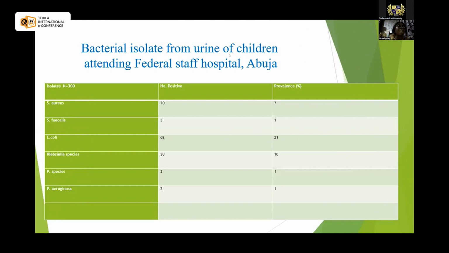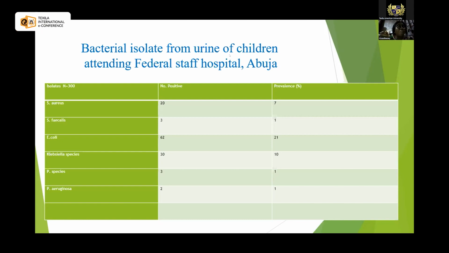In looking at this, I had 300 samples collected, and I had about 20 positive results for Staph aureus, 7% prevalence, and then for streptococcus, it must have been either wrong collection or one thing or the other, because urine is termed a sterile site. So any organism found in urine is regarded as pathogenic.